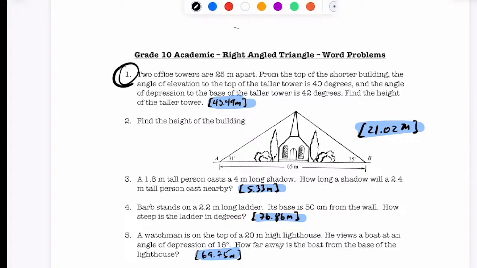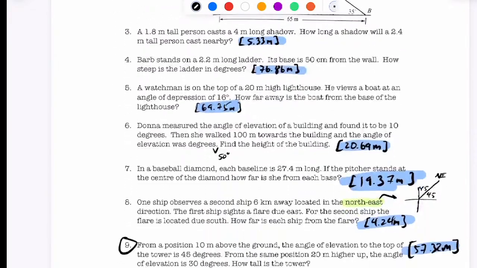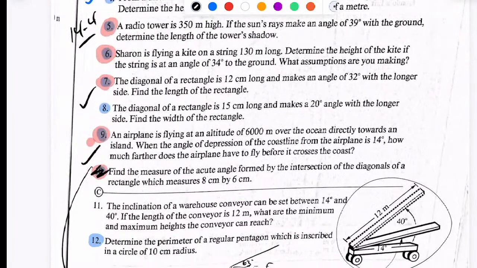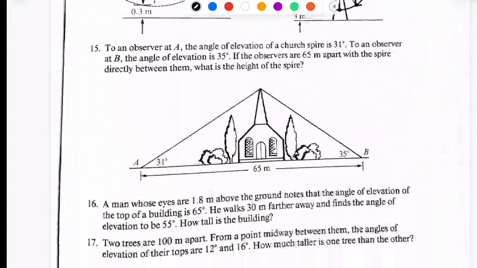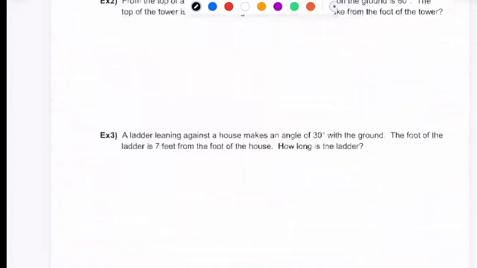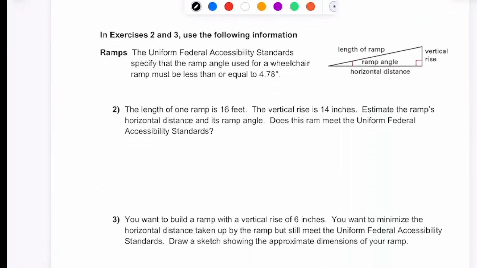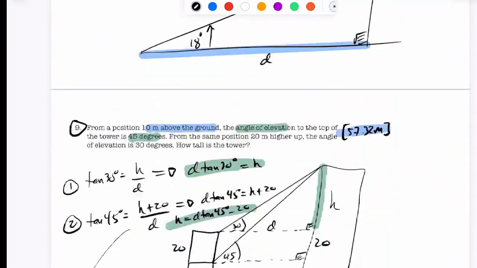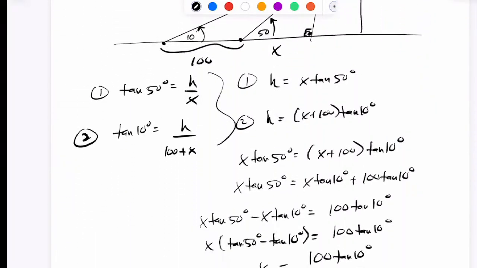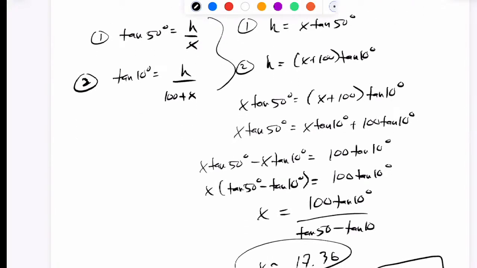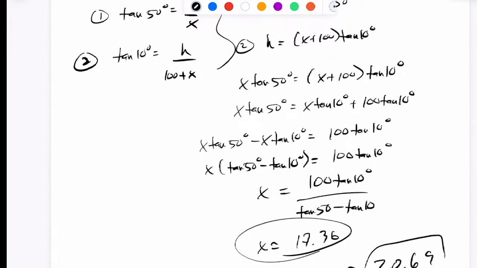I'm sure you'll see some buildings on the test. High chance of a building popping up. Is there anything else I can help you guys with? I know we spent most of Friday reviewing, so I'm sure you guys are pretty decent at this.